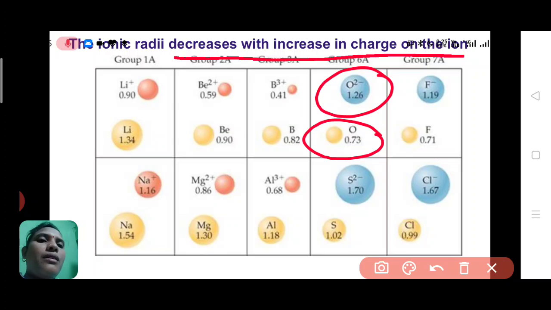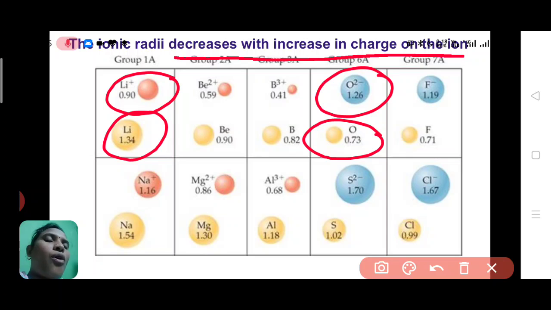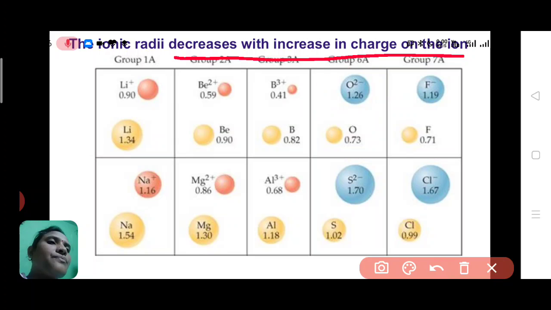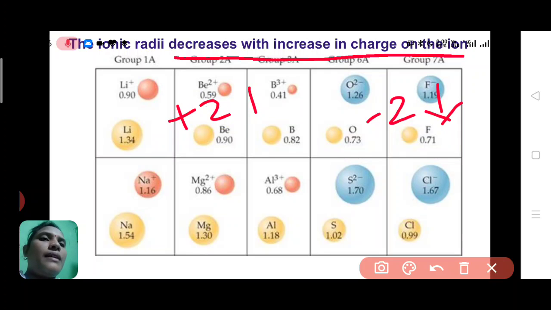has a larger size than its atom. But here the lithium atom has a larger size than its cation. So the oxygen anion has a larger size than its atom, in contrast to the cation. A cation has a smaller size than its atom and an anion has a larger size than its atom. Why is this so? Because of the decrease in charge, minus 2 charge as compared to the atom of oxygen. Minus 2 means decrease in charge and plus 2 means increase in charge.